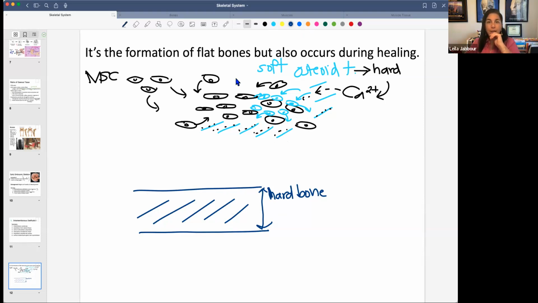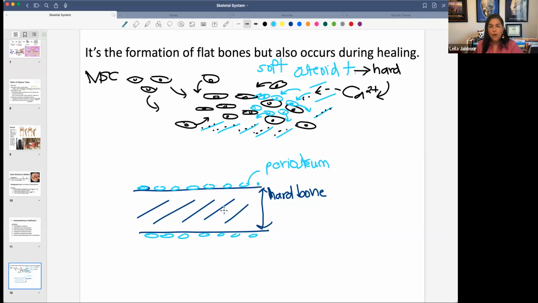What you're left with is a little bit of osteoblasts on the outer surface, and this is basically your future periosteum, which is connective tissue.